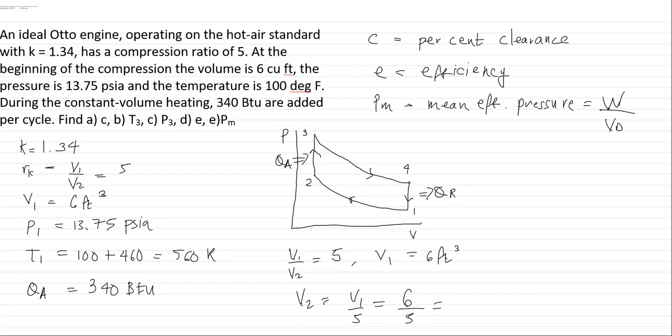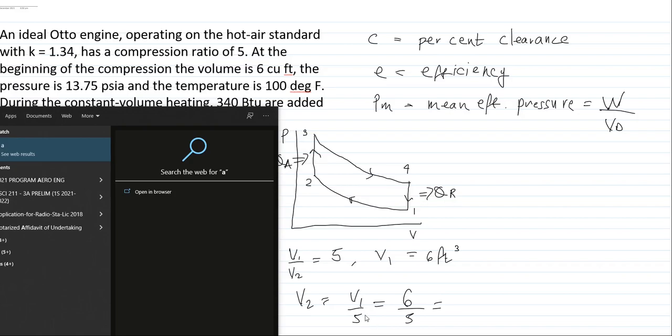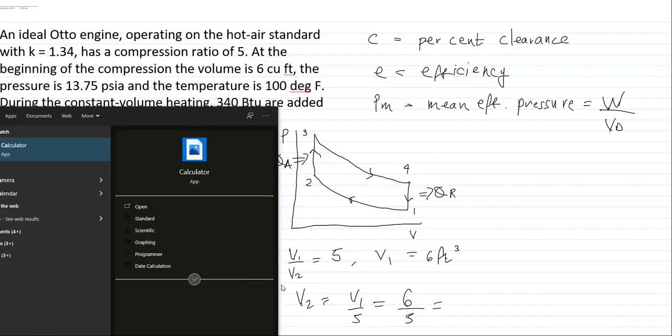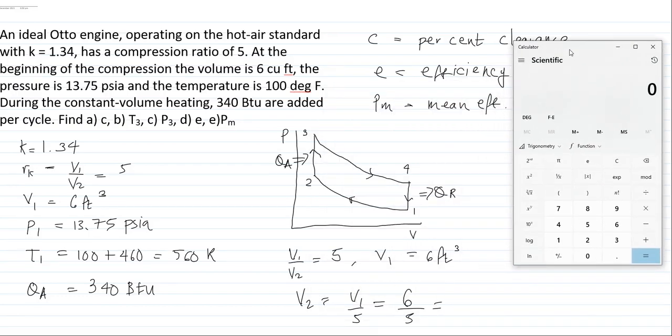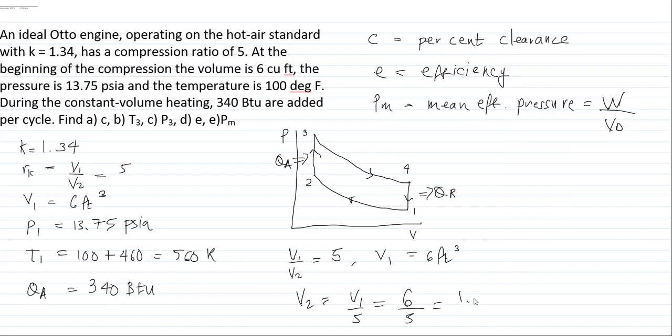Let's get our calculator. We have 6 divided by 5, we have 1.2. So V2 is equal to 1.2 cubic feet. So what is C?